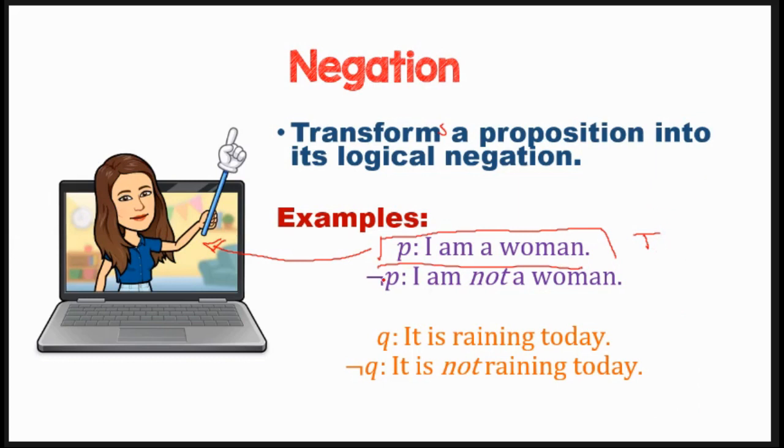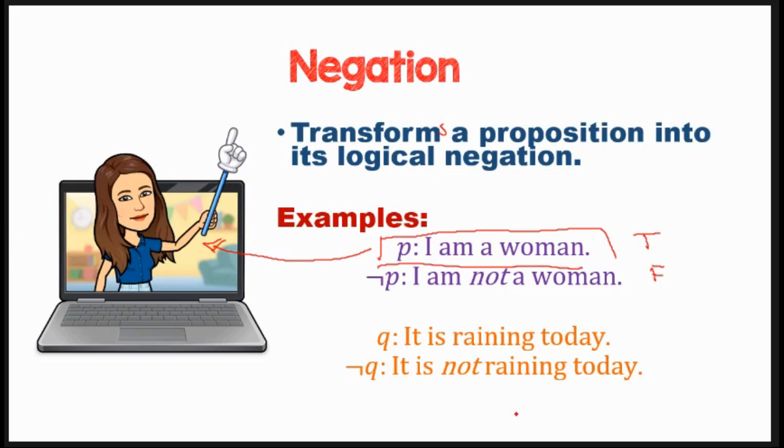So, ang kabaligtaran or ang negation nung true statement natin will be false. Tapos ngayon, at this moment, ngayon mismo na ginagawa ko tong video, it is raining. Ayan. So, kung true ito, then, itong susunod na statement natin, it is not raining today, will be false.